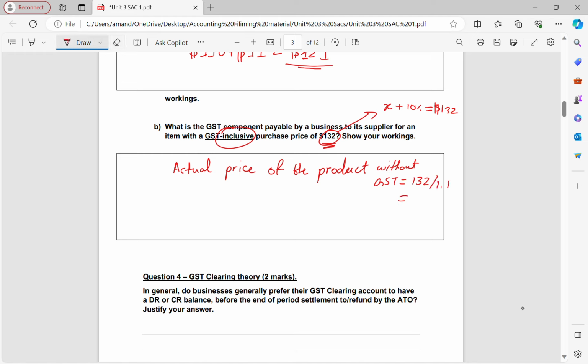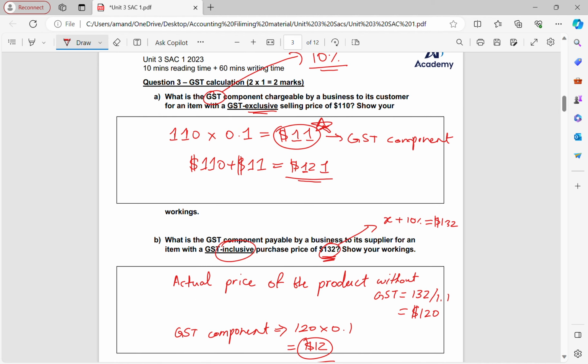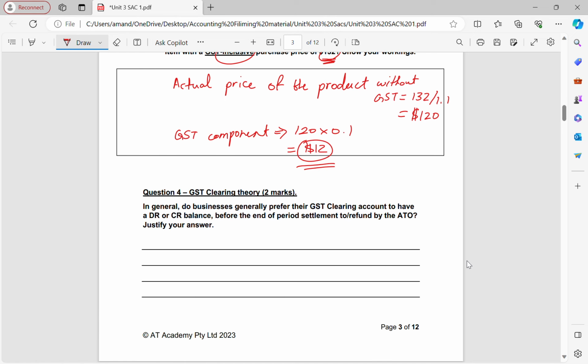This is going to give me the price of the product without GST, and then to find the GST component, I simply go 120 multiplied by 0.1, which is $12, and that should be it. So that's a little trickier just because it says inclusive compared to that one which said exclusive. That's the only trick with this question.